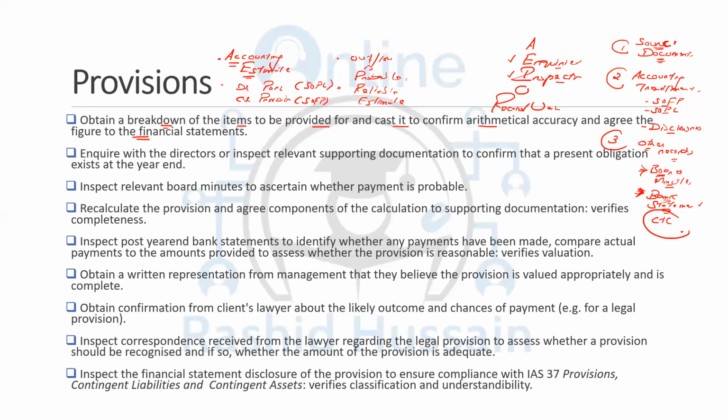So you take the details of the items which the management has included within their provision, and then we cast it, we total it to confirm the arithmetical accuracy, and then we compare the figure with what they have recorded within the financial statements. So basically, what I'm doing right now is taking their document which they used to record the provision, looking at those items, totaling it, and comparing it with the figure recorded within the financial statements.